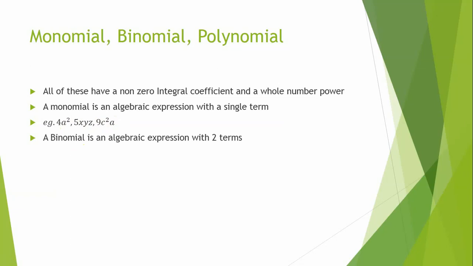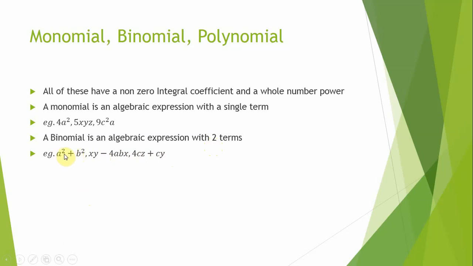Now, a binomial is an extension of this. It's basically an algebraic expression with two terms. Examples would be a squared plus b squared, xy minus 4abx, and 4cz plus cy. The coefficients here would be 1 and 1. So you have two coefficients.